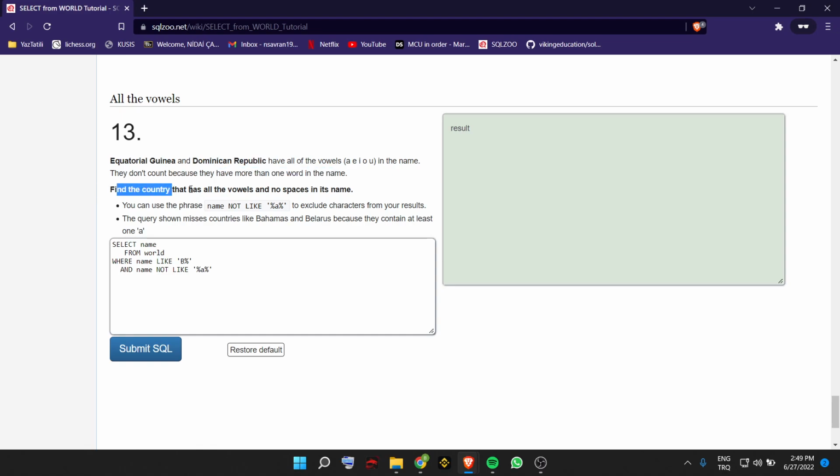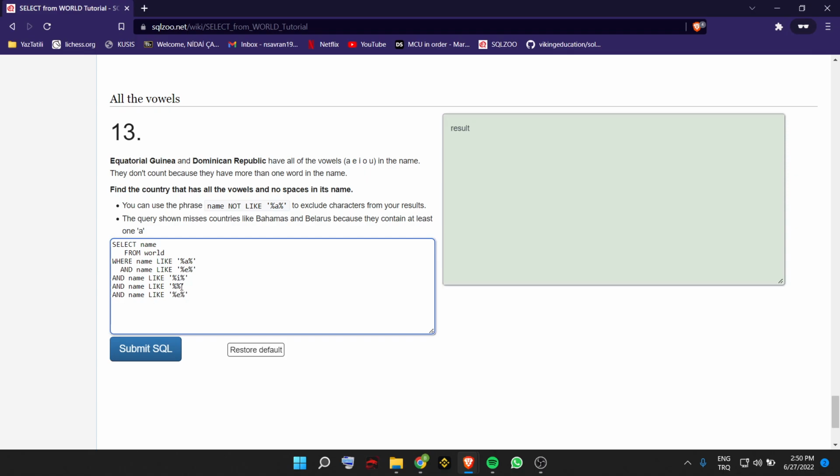Find the country that has all the vowels and no spaces in its name. The question is, okay. We will use this where name is like it should include A, it should include E, it should include I, O, and U. Let's copy this, and this.